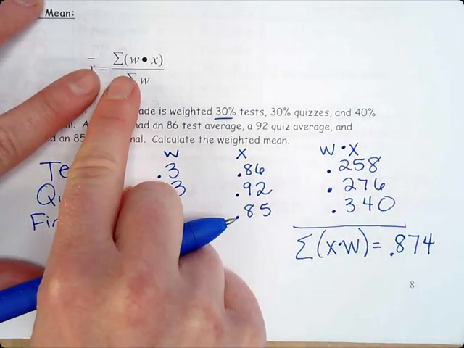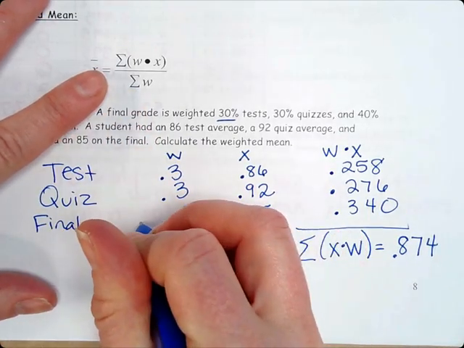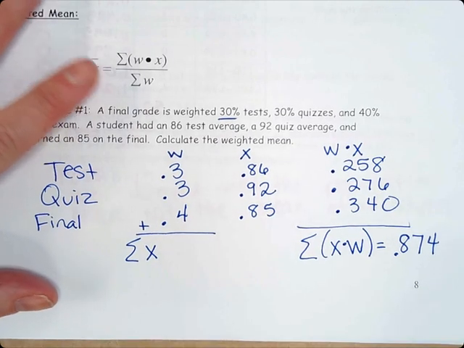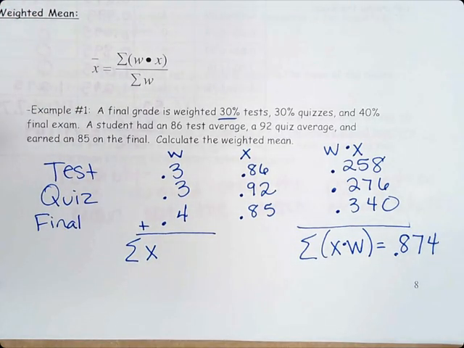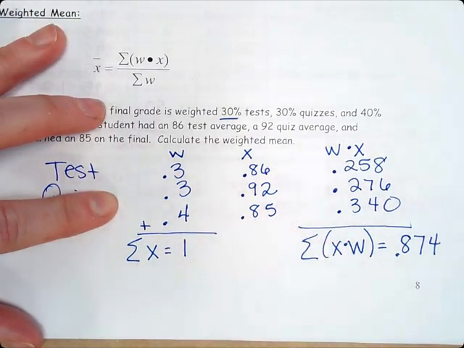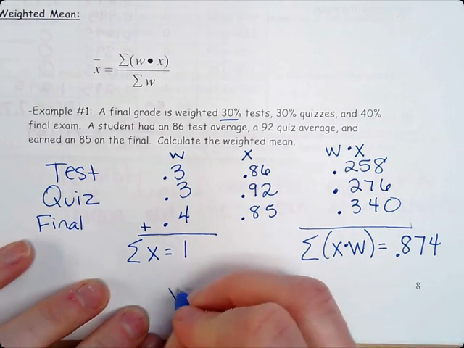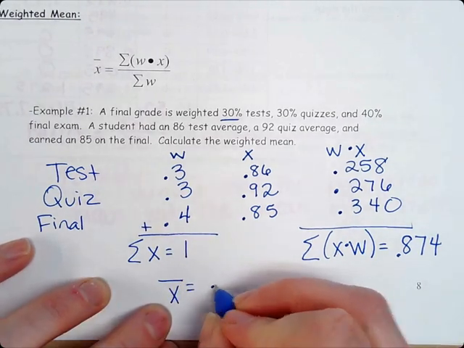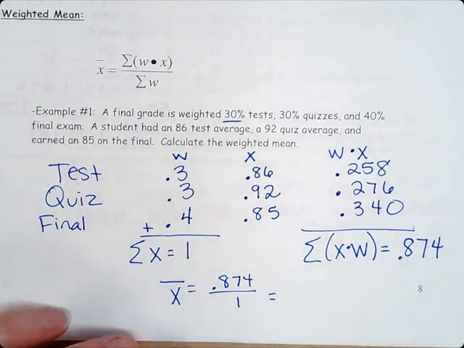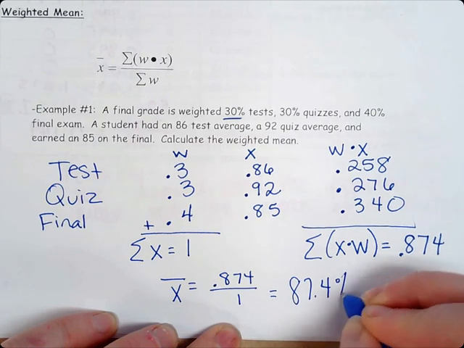And then that's going to be divided by the sum of the weights. So we add these up to find the sum of the weights. What is the sum of the weights? 0.3, 0.3, and 0.4. Yeah, it equals 1. So the weighted mean is 0.874 over 1, or if we want to write it as a percent, 87.4%.